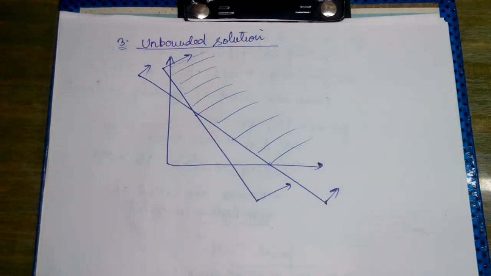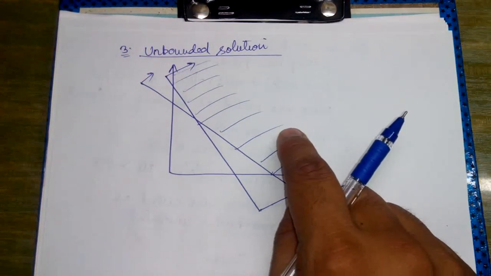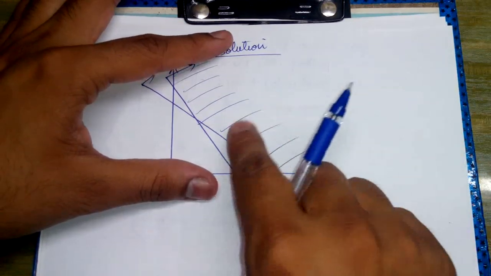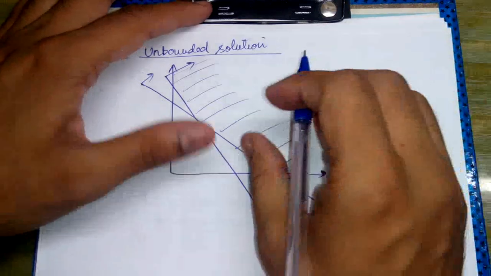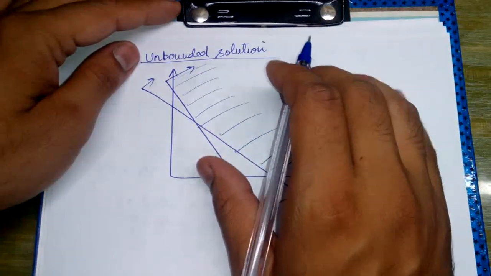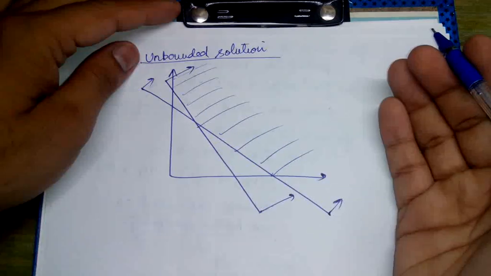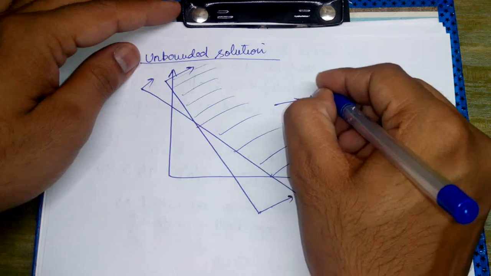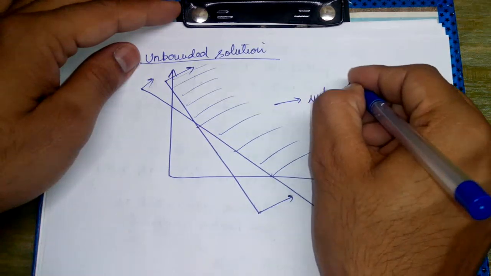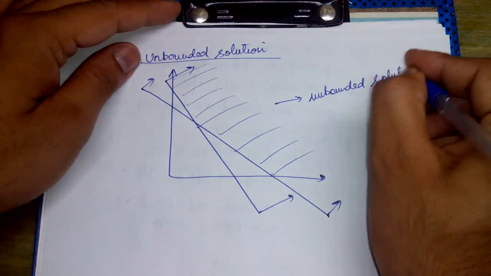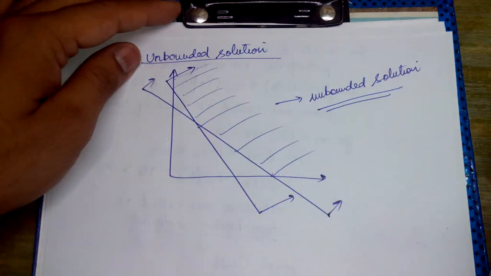Since in some conditions the highest value of the objective function moves up to infinity, it simply means that the common feasible region is not bounded by the limit on the constraint. Therefore this type is termed as unbounded solution.